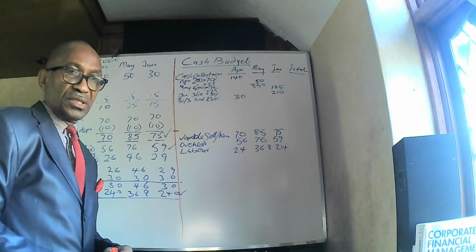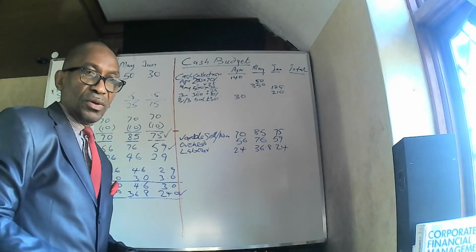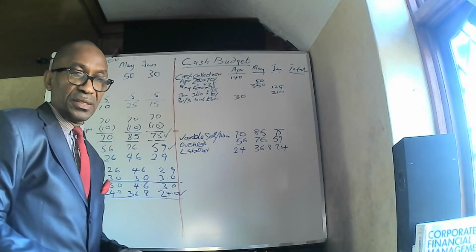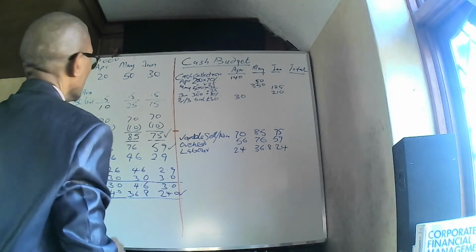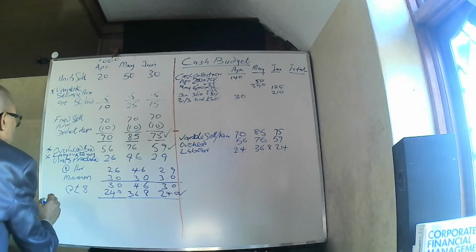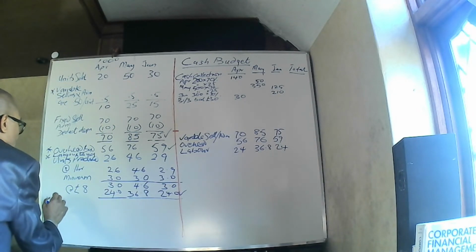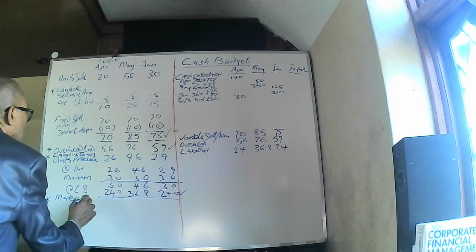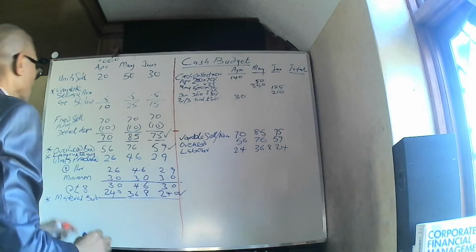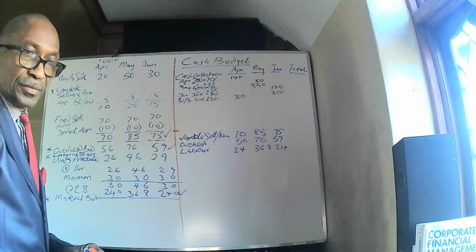Baker pays 0.4 per kilo for its material purchase. The budget we need to do. So material purchase, we need to do that. Don't forget that we need to do that.